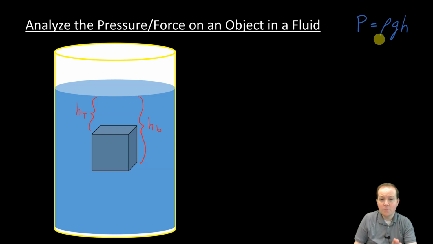With this in mind, there's absolutely going to be pressure and therefore forces on the sides of these containers. It's true that water molecules are hitting the left side of the cube I have in here. But remember, there are just as many molecules hitting the other side, the right side of the cube.